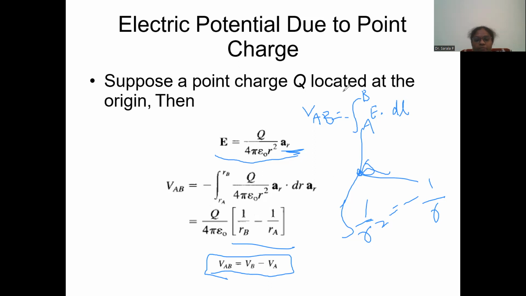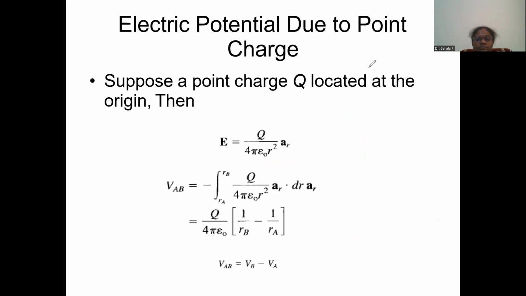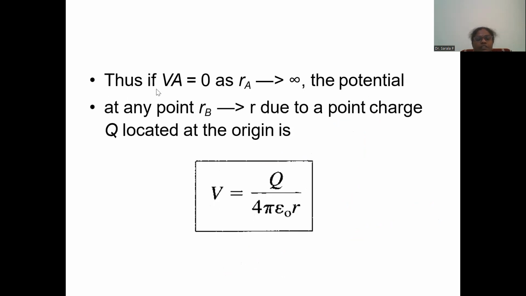Now we have calculated VAB is equal to VB minus VA. Suppose we make the assumption that VA is 0.